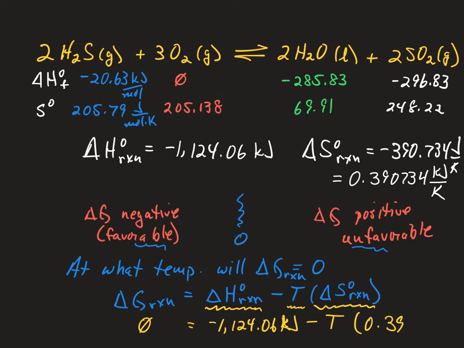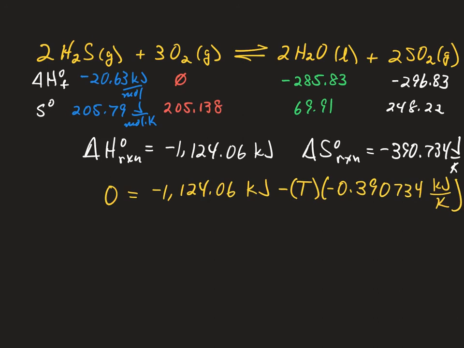Oh, I think we can probably get away with leaving it at 391, kilojoules per K at this point. Now all we have to do is do the calculation. Before we get away here, we have to remember that's negative there, otherwise it won't work at all. So here's our equation. All we have to do is work it out.